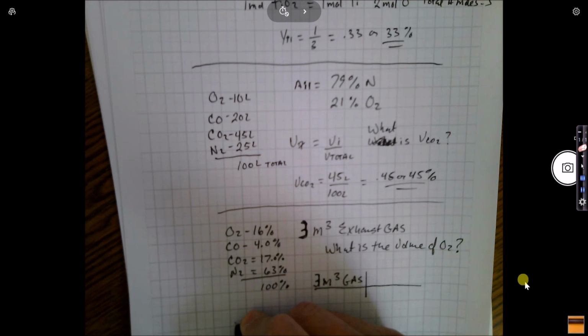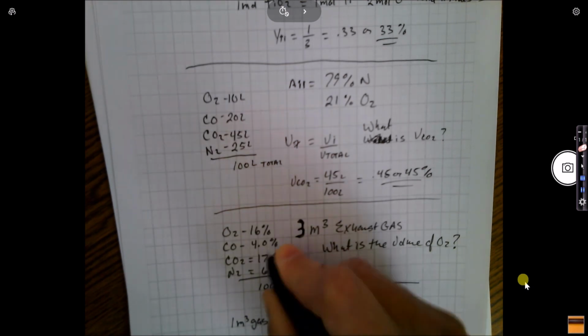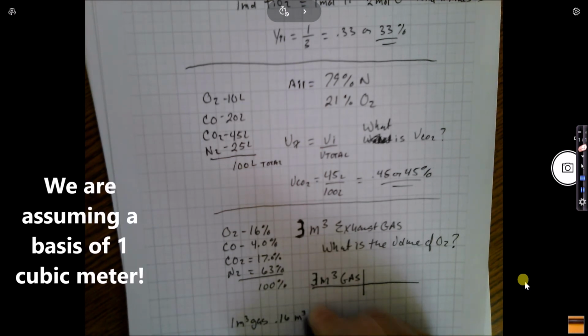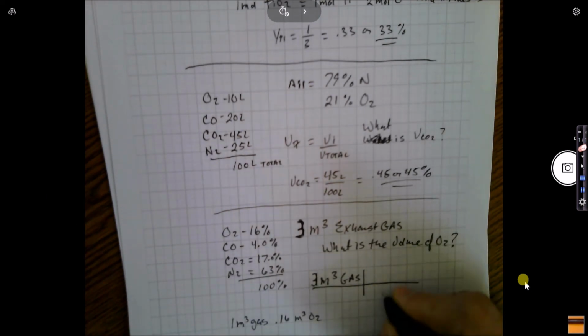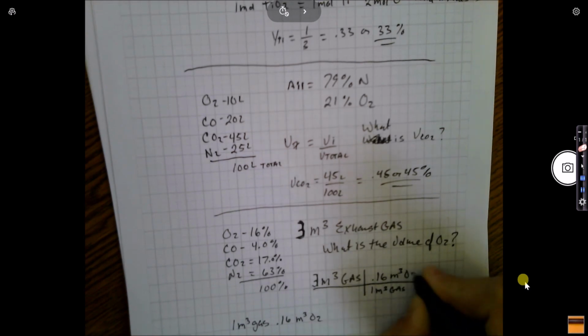So we can kind of take a look at what that amount is in 1 cubic meter of gas. And if you look at it just by inspection, you can say it has 0.16 cubic meters of O2. So we can apply that factor to this. So 3 cubic meters of gas. In 1 cubic meter of gas, there's 0.16 cubic meters of O2.